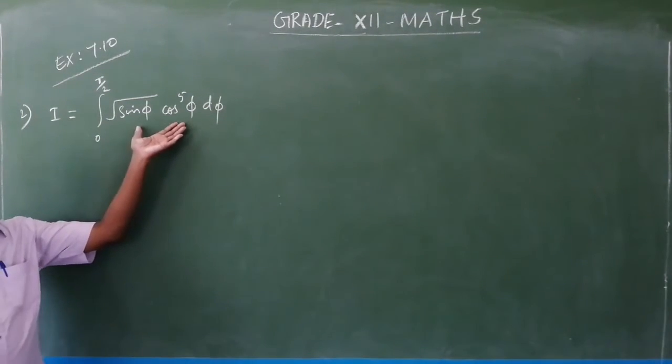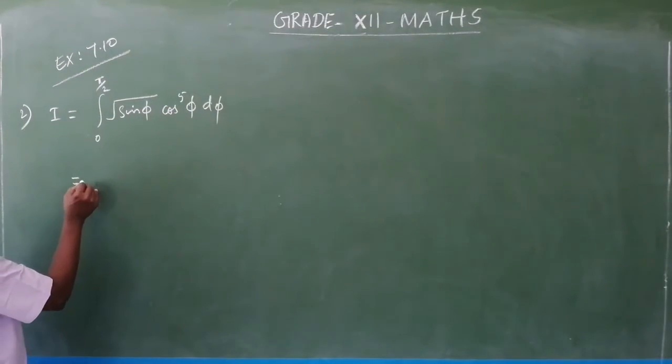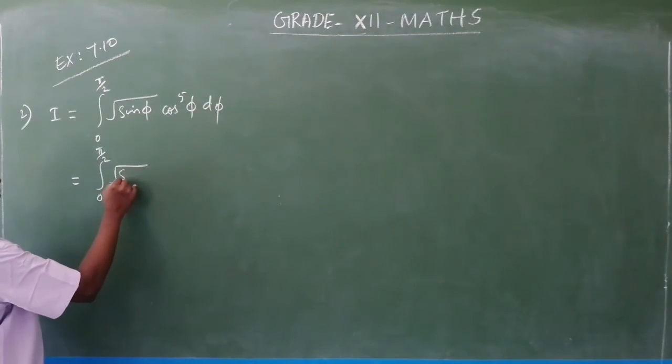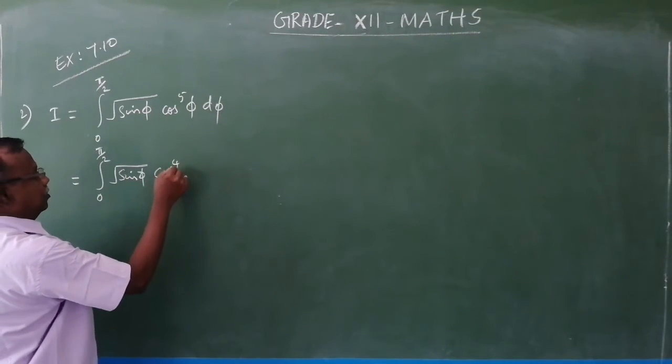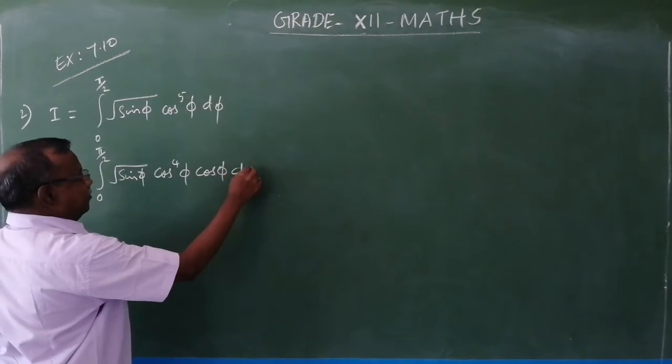So we cannot integrate directly, so we need substitution. First let us write this integrand as integral 0 to pi by 2 root of sin phi into cos power 4 phi into cos phi into d phi.